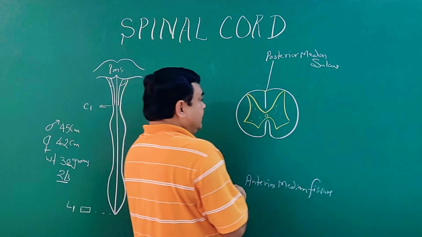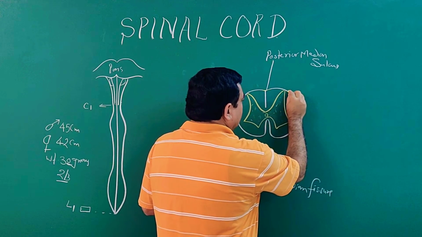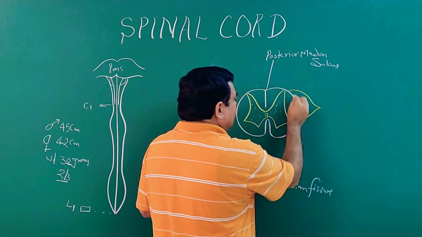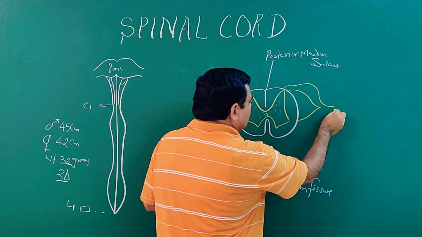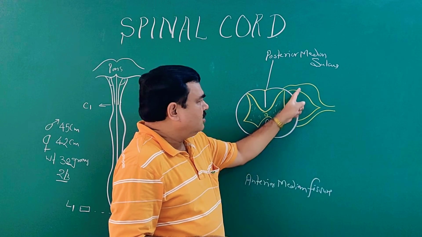Here are the roots of the spinal nerve. This is the spinal nerve, and it has a ventral root and a dorsal root.